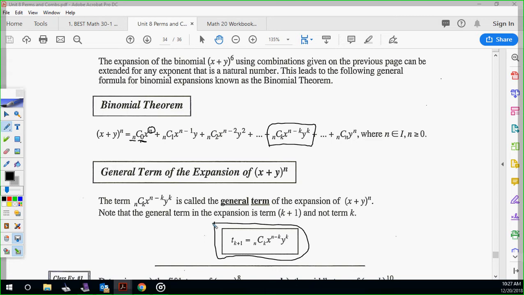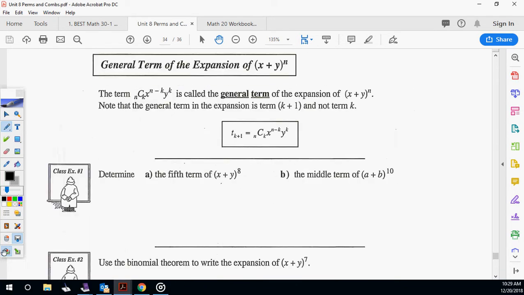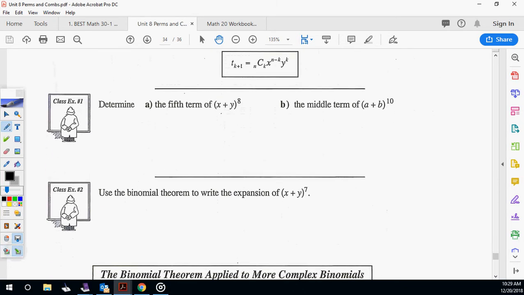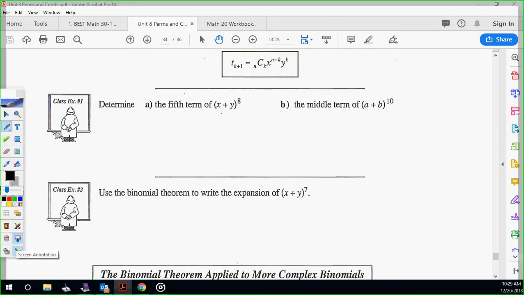So let's apply this so you can see what's happening. Leave the formula right there so we can see it. Your example: determine the fifth term of x plus y to the eighth. So we're just finding the fifth spot. We want to identify things this way: what is the k, what is the n? The k is a little bit tricky, see the k there?